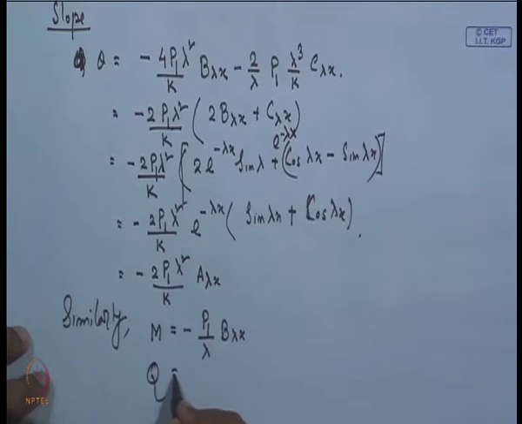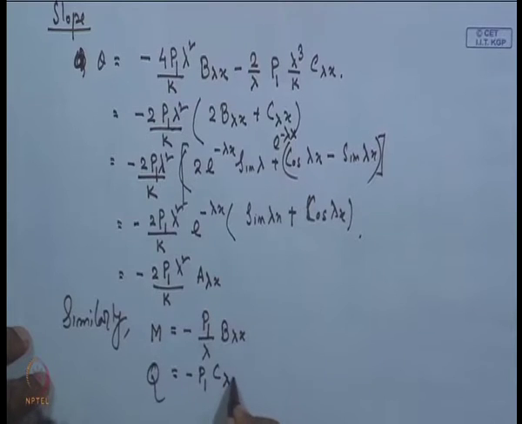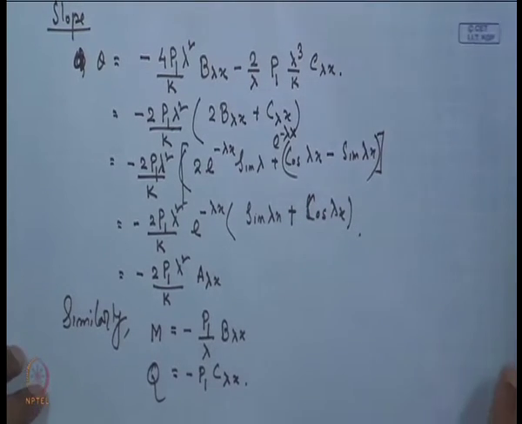Similarly, for the shear force, the expression will be minus P 1 into C lambda x. So, this is one particular loading condition. We can discuss a few other loading conditions also, where we can determine how to calculate the other forces, other moments and so on.